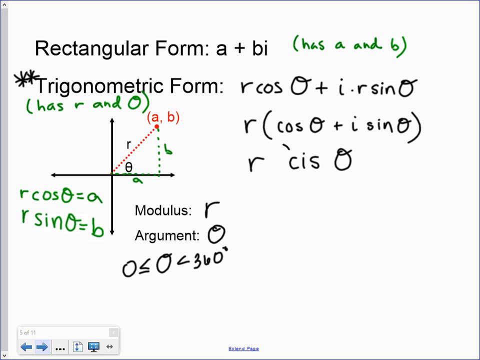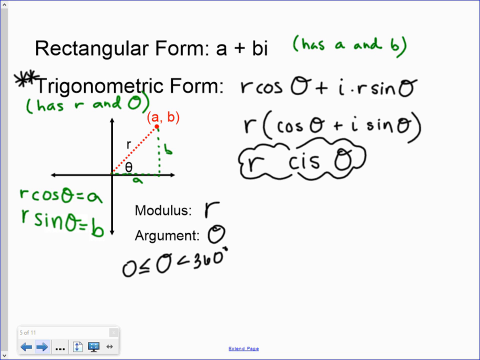I like to use this notation because I don't like to write as much, right? If you're really comfortable and you don't mind writing out the whole thing, that's fine. If you're comfortable with the abbreviation, also cool with me. So when you see R kiss theta, it means R times cosine theta plus I times R sine theta. Means the same thing.